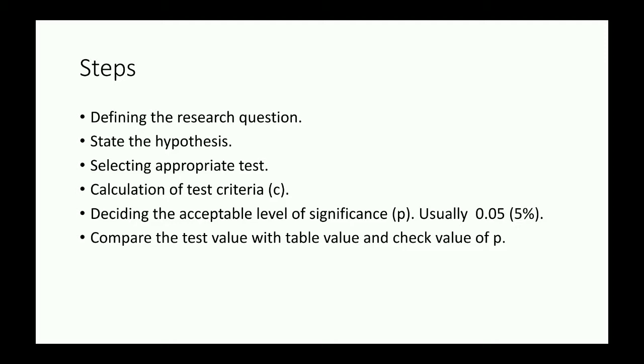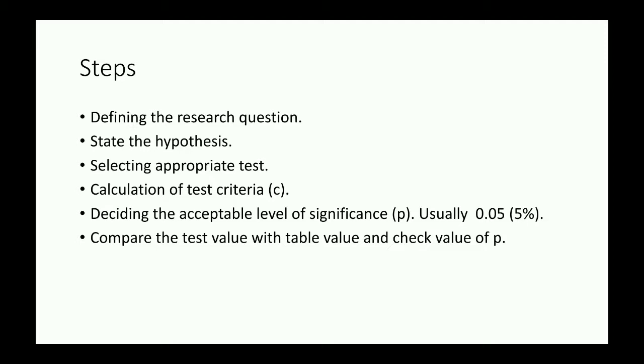So after calculating the test criteria, you see what value of test you are getting. You decide the acceptable level of significance, that is the p value, usually 5% is taken, and then you compare the test value with the table value.